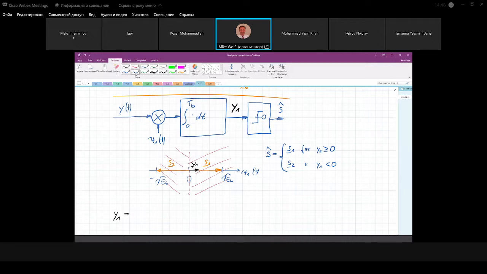And you see what we need to do. We need to integrate from 0 to TB. Why? Because we assumed this one-shot transmission. And we said our signals to be used to represent the bits are not longer than this bit interval. And since we only consider the bit with index 0 for this first approach, we only have to integrate from 0 to TB.